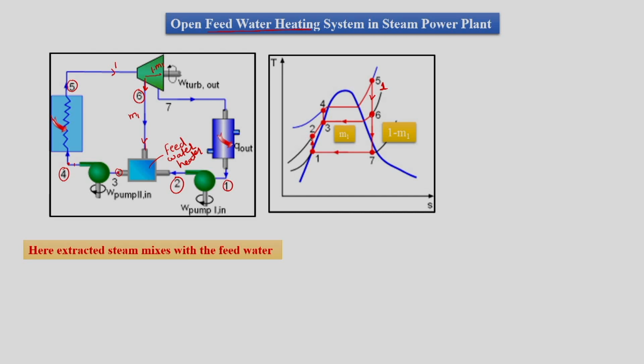Okay. So 1 to 2 is a pumping process. At state 2, when liquid water comes, it has pressure P2. Parallelly, steam would have come from state 5 to 6, but pressure P6 is the same as pressure P2. So we will take m1 mass of the steam at state 6 such that it leads to state 3 after mixing with water.